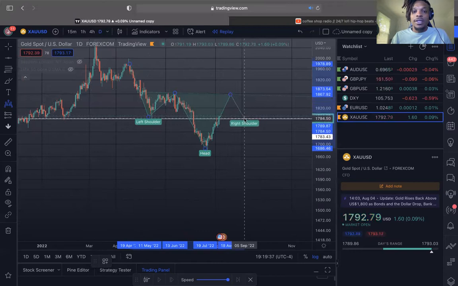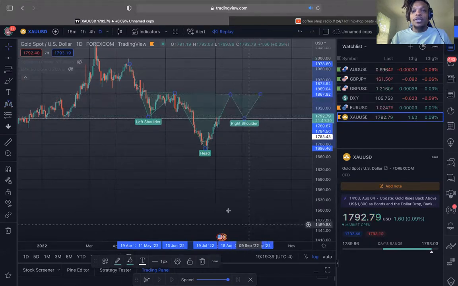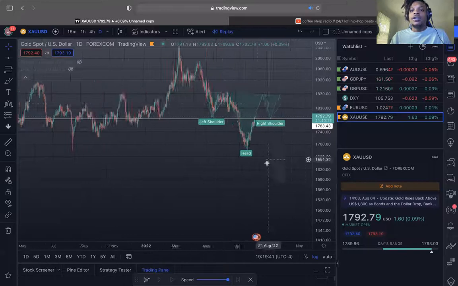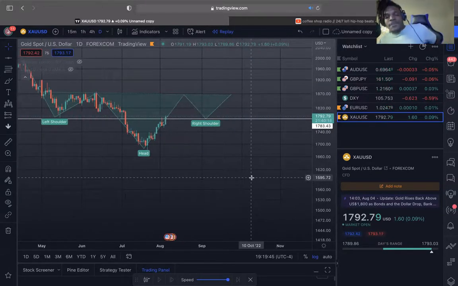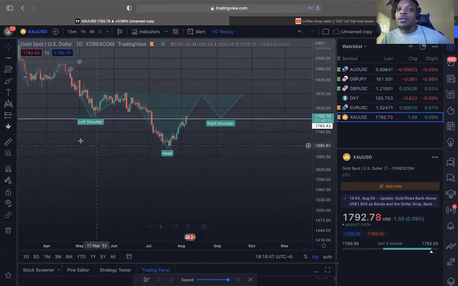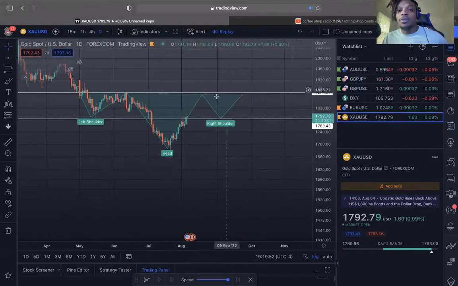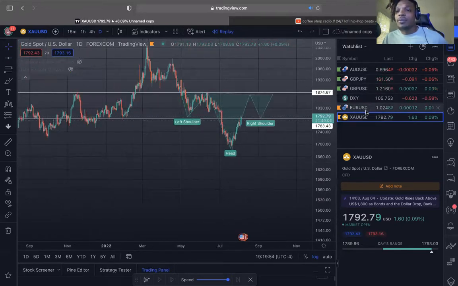But we could have something that comes down here and then completes that shoulder right here. It's an inverted head and shoulders. So if you really look at this, this is possibly a good setup, so I'm going to be watching gold pretty well and see what happens from here.